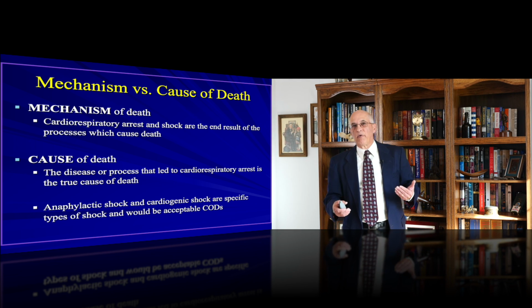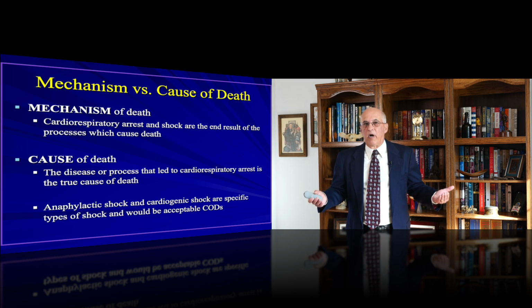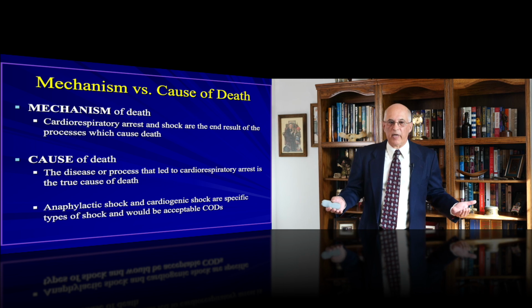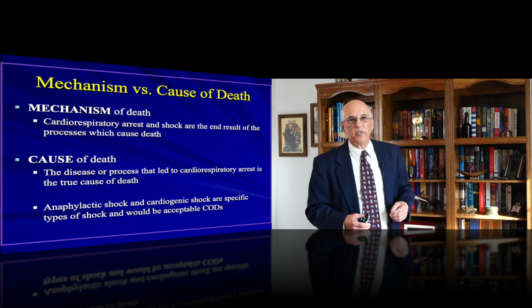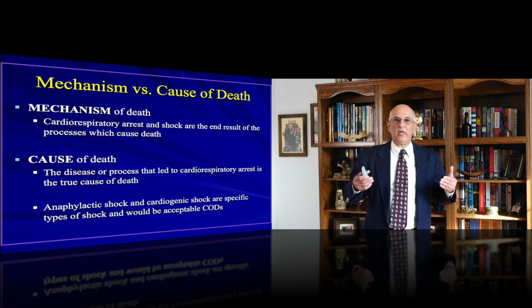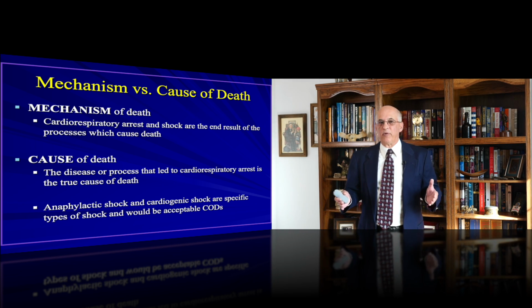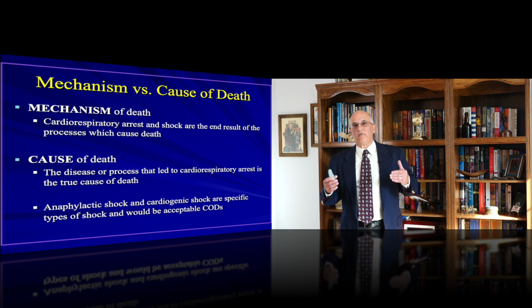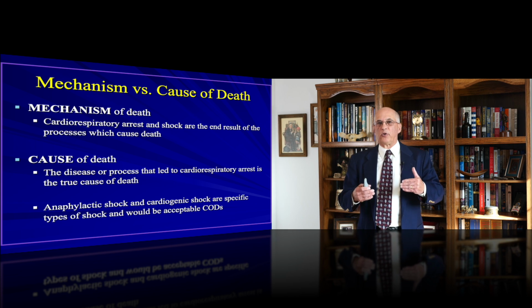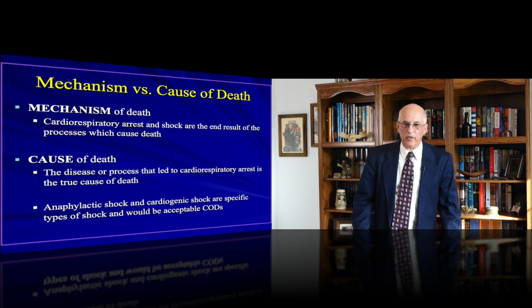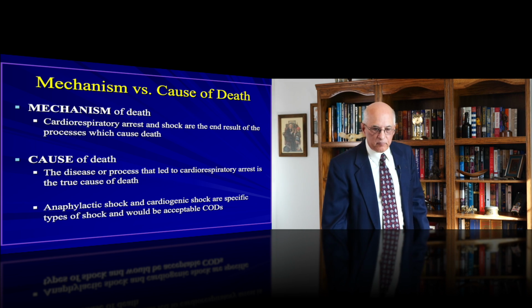And cardiorespiratory arrest is basically where your heart and your lungs stop working, right? Well, this happens to everyone who dies, but this is the mechanism of death. This is how you die. It's not why you die. The cause of death wants to know why you died. In other words, why did you go into shock and why did you go into cardiorespiratory arrest?